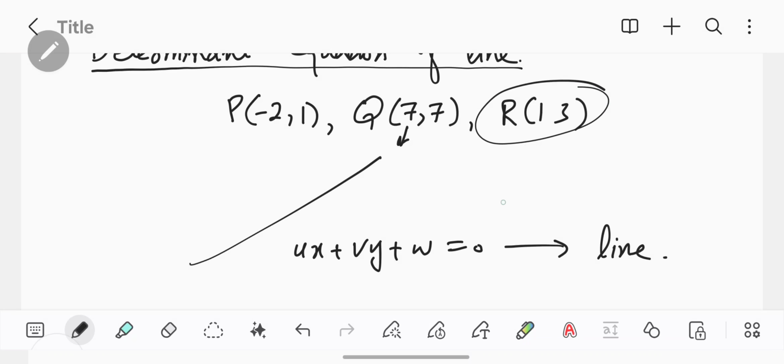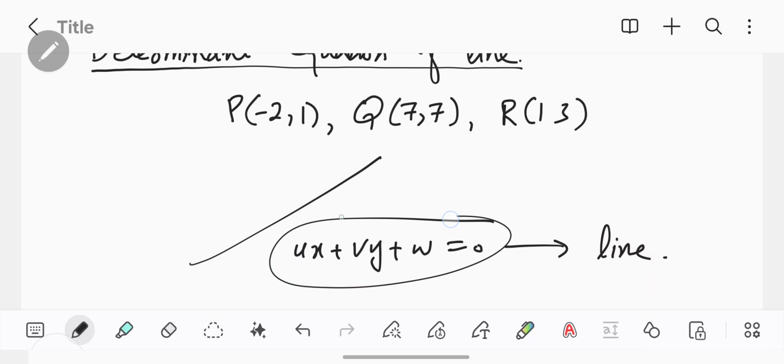Similarly, to check whether this point is lying on this line or is away from it, you will replace x by 1 and y by 3. After replacing x and y by these values, if you get an identity or true statement, that means this point is also lying on this line. It is not away from this line. So this is the basic principle.